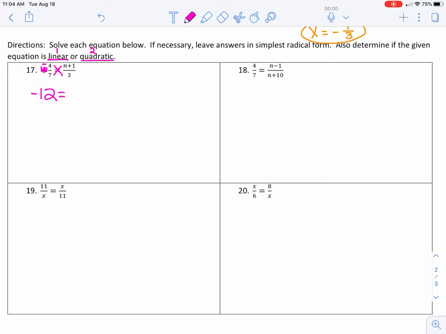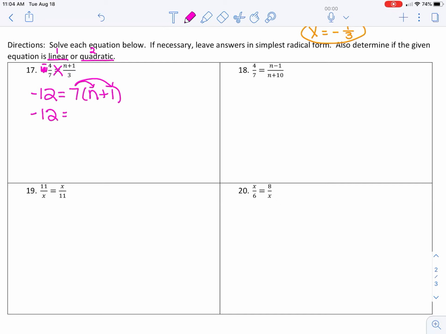And then I'm going to cross multiply here. Now, I don't just take 7 times n. I have to take 7 times the entire n plus 1. So I'm going to go ahead and put that in parentheses. Okay, so we have negative 12 equals, and this we're going to have to distribute with.